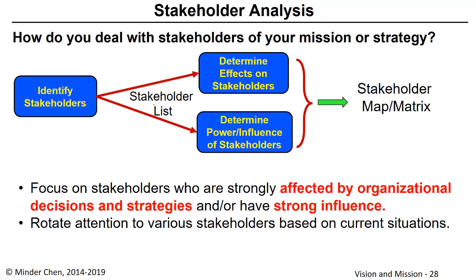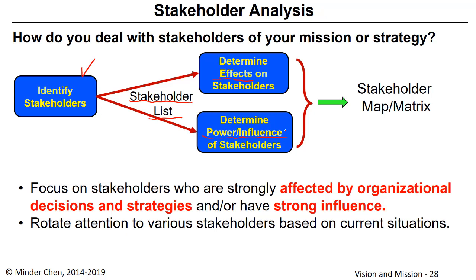Once we identify the stakeholders, we will come up with a stakeholders list. With that list, we need to determine, for each stakeholder, how our decisions or strategies impact them, and also how powerful or influential those stakeholders are to us.